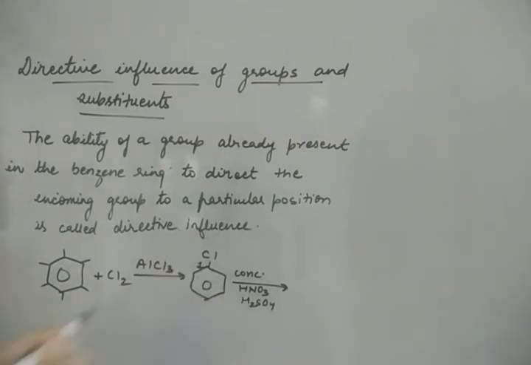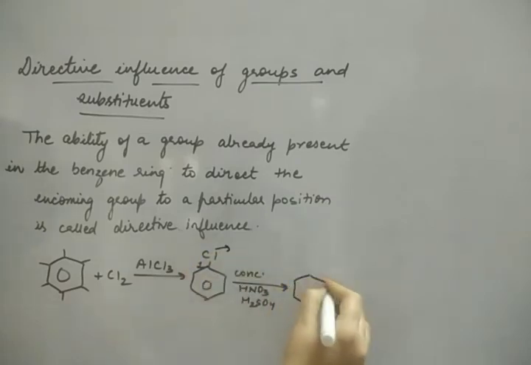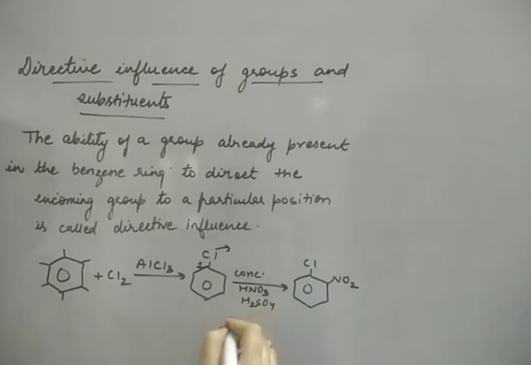Now out of the remaining 5 positions, the nitro group will be attached to that carbon which is decided by chloro. So chloro will direct to which carbon your nitro should be attached. Suppose chloro is saying that attach the nitro to the second and fourth. So nitro will come to the second carbon and likewise nitro can also come to the fourth carbon.